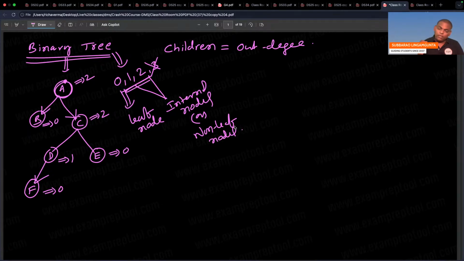So please be careful. Binary tree means 0, 1, or 2 children. When you say 0 child, leaf node. When you say 1 or 2, non-leaf node or internal node.